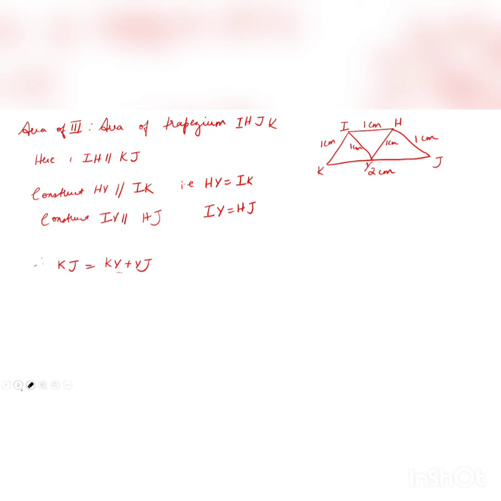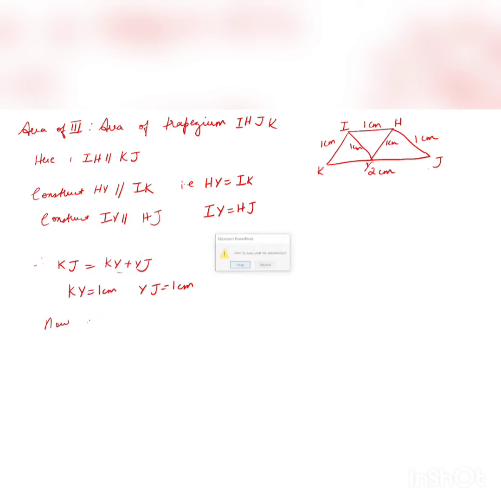There are other ways to do it, but I think this is the easiest way to go about. KY is equivalent to 1 centimeter and YJ is also equivalent to 1 centimeter. That means this given line has divided the line KJ into 2 equal parts. Clear? Alright, so if KY is 1 centimeter and YJ is 1 centimeter, what do you get? 1 centimeter.